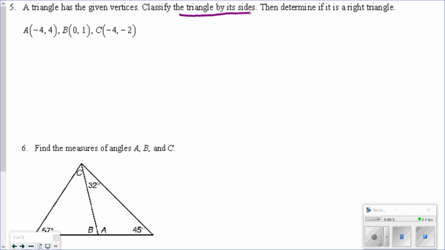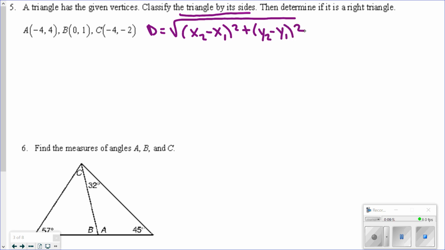So let's remember that the distance formula is equal to the square root of x2 minus x1 squared plus y2 minus y1 squared.